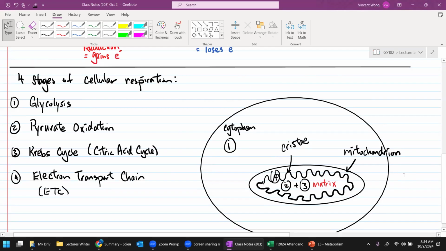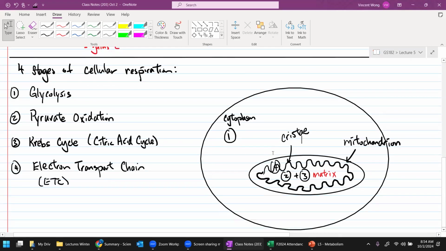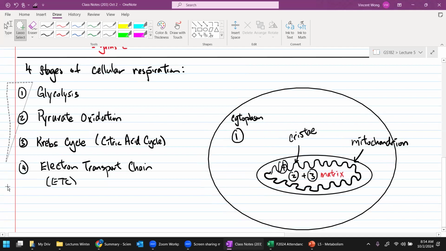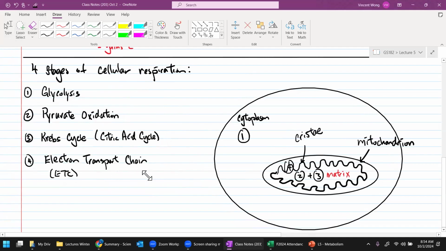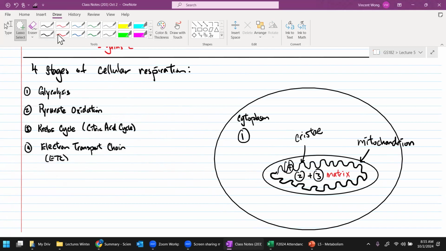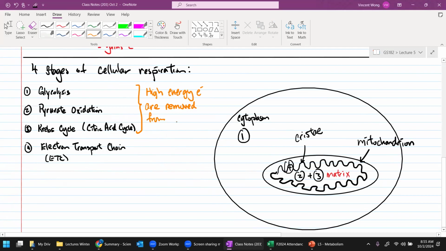All right, so let's give you an overview of what exactly is going to be happening, and then we're going to go into a little bit more detail. Basically, in the first 3 steps, high energy electrons are removed from glucose.